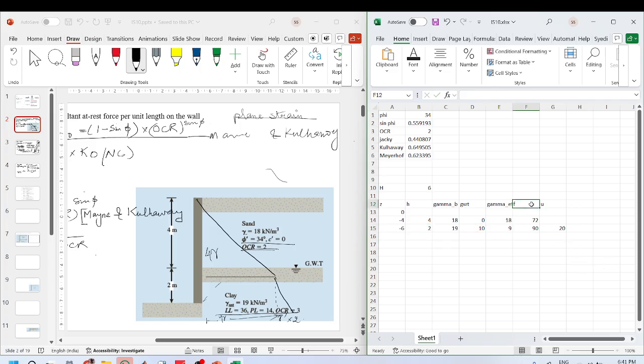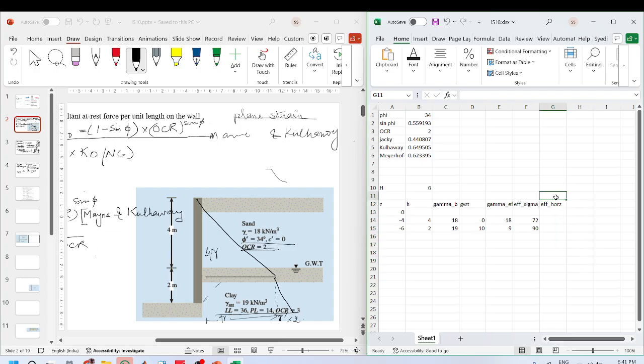Okay, this is effective vertical stress. Now we want to calculate the horizontal stress. We will calculate effective horizontal stress. Let's come back to this later.